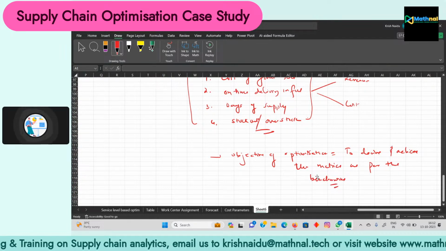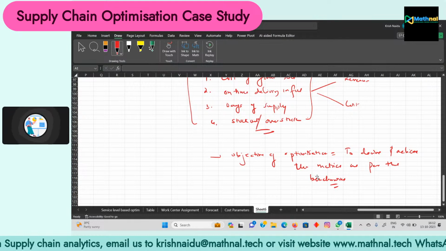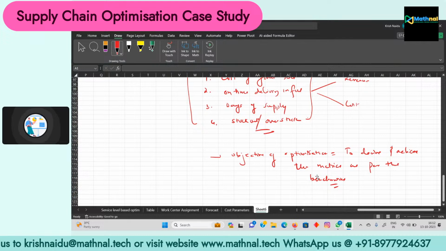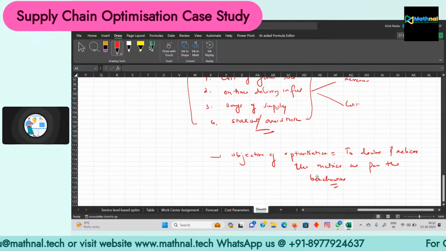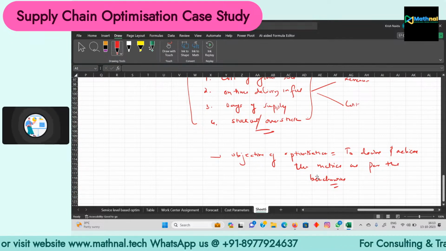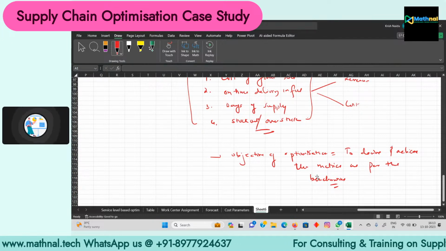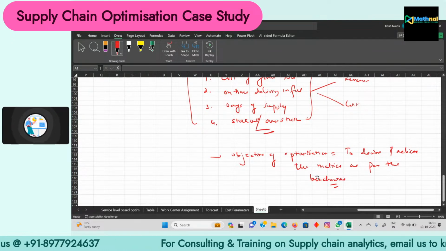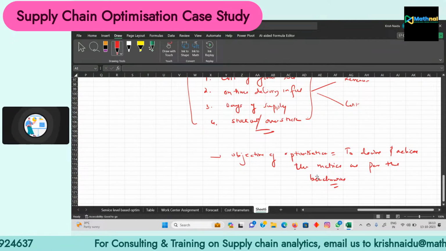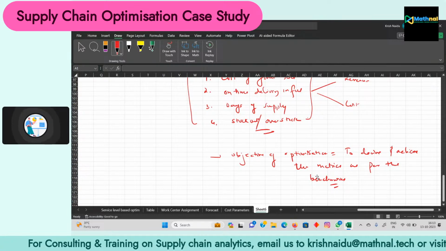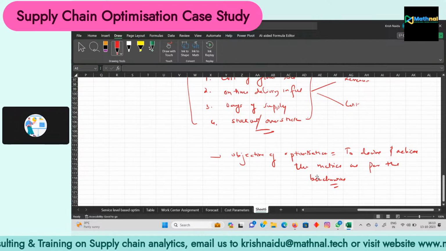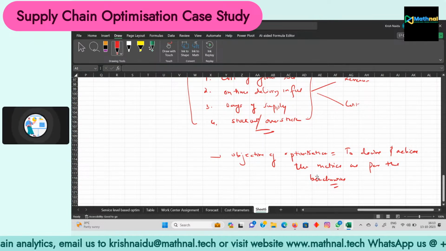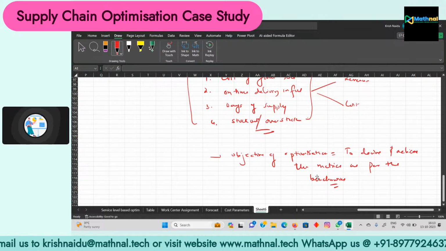So the moment you define a wrong time, your metric may be defined for one time period or time horizon, but you have optimized for a different time horizon. That is going to impact, and that disparity in the assessment in the beginning can actually create a lot of problems. So it's very important that we define our time horizon in a proper way so that we don't have any issues later on.